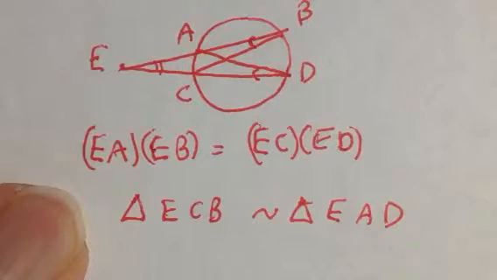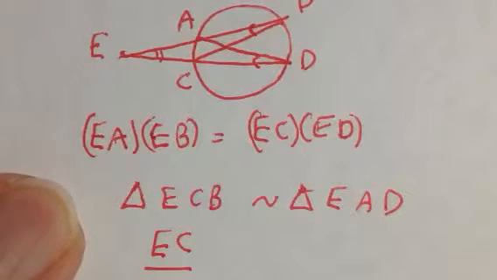And we know that in triangle ECB we have side EC, which will correspond to the similar side in the other triangle, EA.